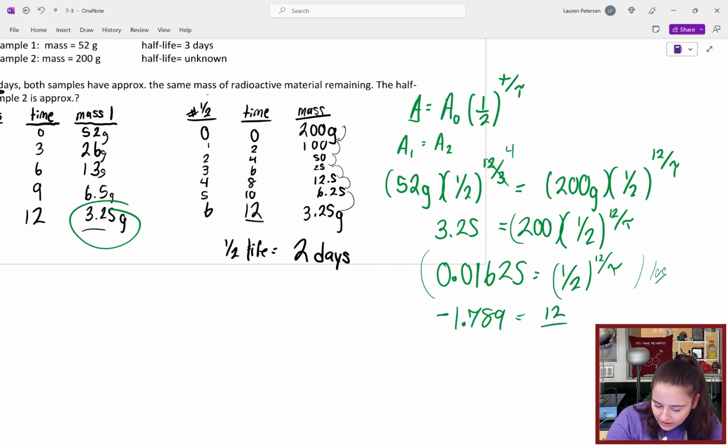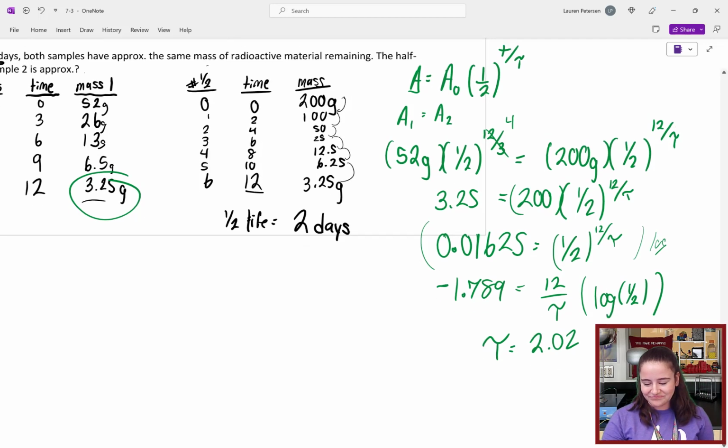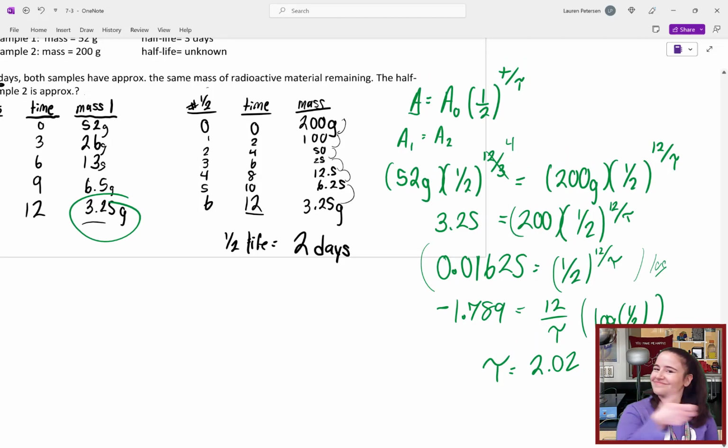So we'll have 12 over tau times the log of 1/2. The log of 1/2 is negative 3.01 times 10 to the negative 1, so negative 1.789 divided by that answer, and then 12 divided by that. And what do you know? We get tau equals 2.02. So about 2 days. Okay, cool.